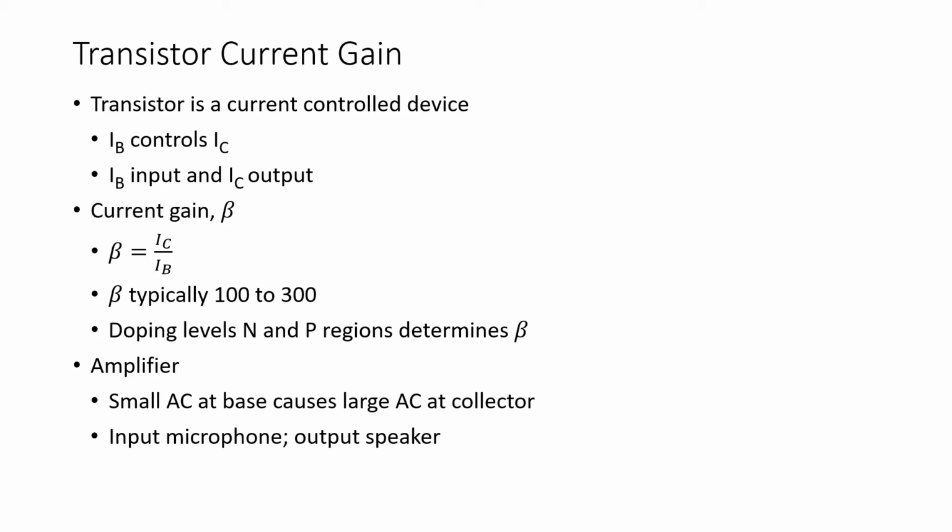Again, the collector current will be anywhere from 100 to 300 times larger than the base current. And a good example of the use of an amplifier is to take a small AC signal from a microphone. This is typically in the millivolts, and with that create a larger AC signal at the output to send to a device like a speaker.